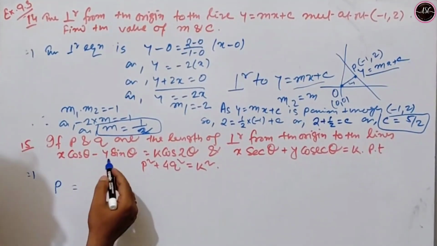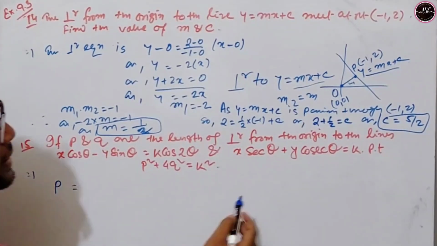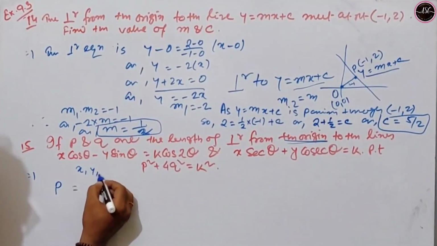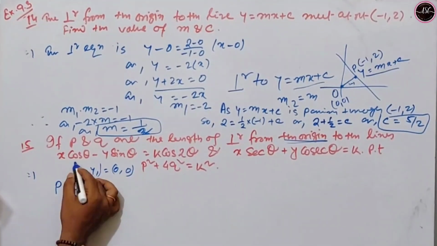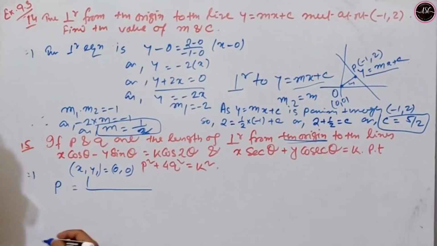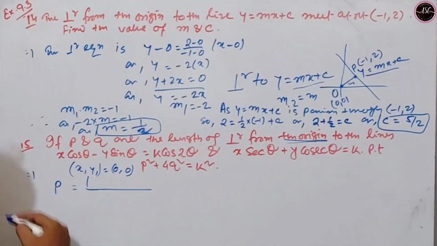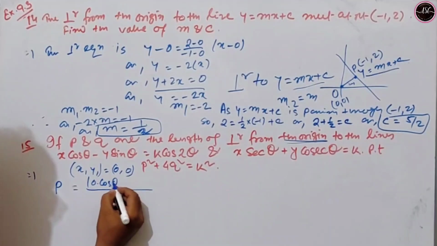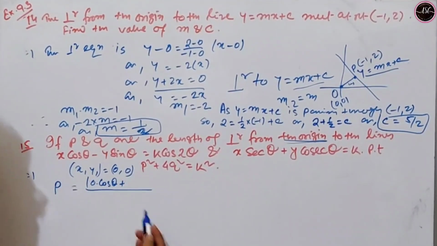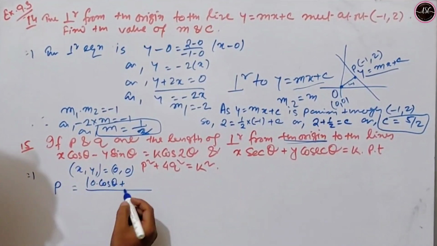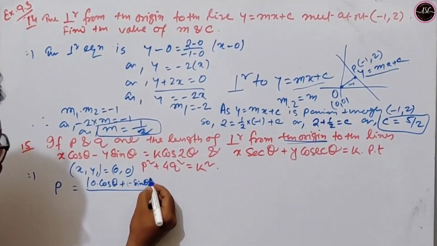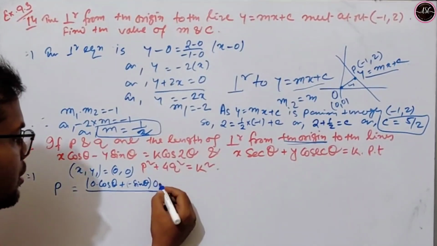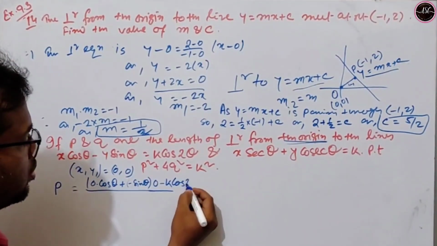So here, just look, from the origin, x1 y1 equal to 0 comma 0. Okay. So here p equal to mod of (a x1 plus b y1 plus c) divided by root of (a square plus b square). Here for this line, a is equal to cos theta, b equal to minus sin theta, and x1, y1 equal to 0, and c equal to minus k cos 2 theta.